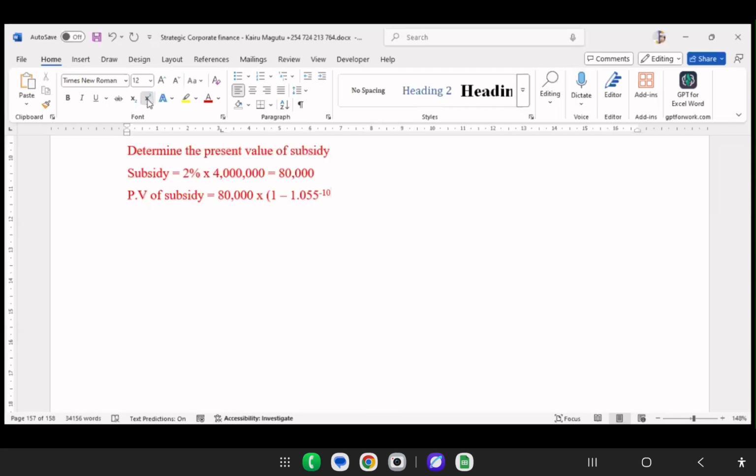To the power of minus 10, divided by 0.055. Then that will give us the present value of the subsidy. How much is it? Someone says 603,610. Can we confirm?